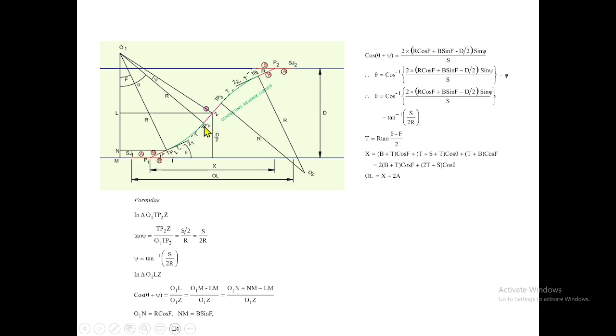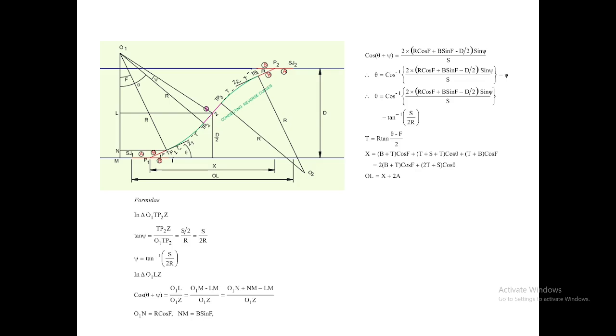Since it has the same angle of crossing and we are providing the same value of radius, the center of the straight will automatically be in the middle, the midpoint. That is why we have put D by 2, because D is the total distance between the track centers. Since it is symmetrical, the center of the entire connection will fall exactly in the middle of the track distance.